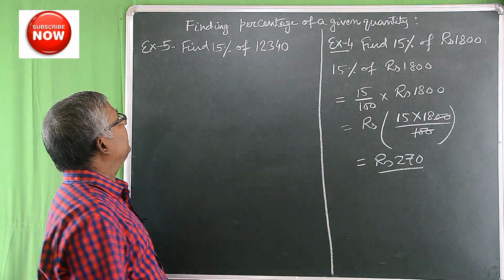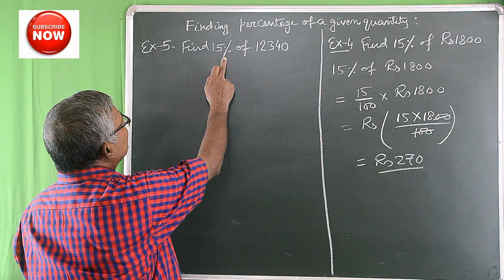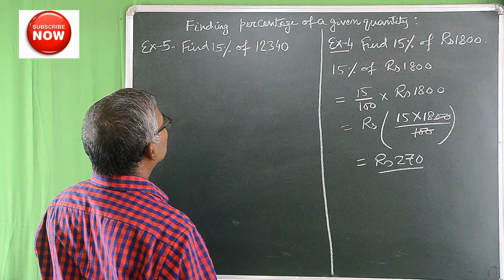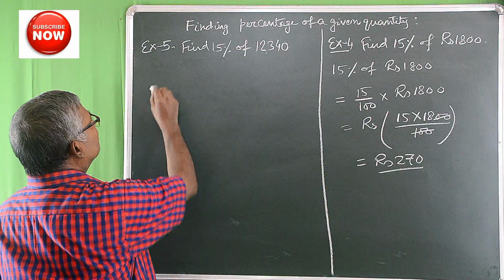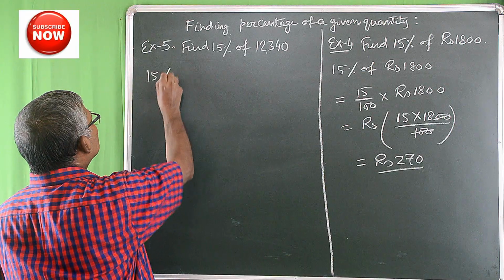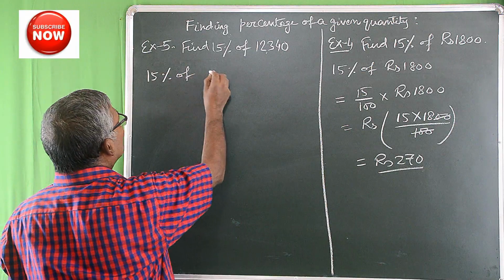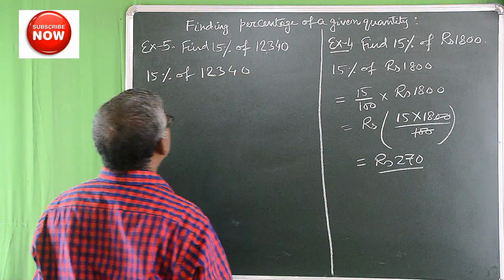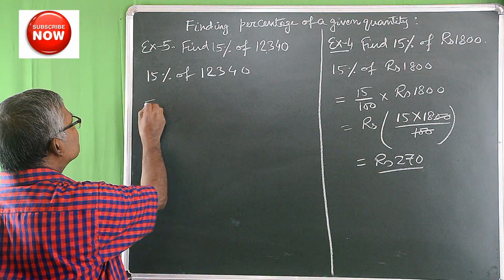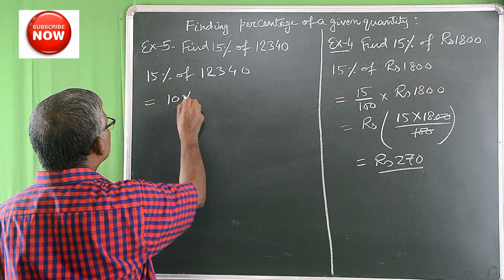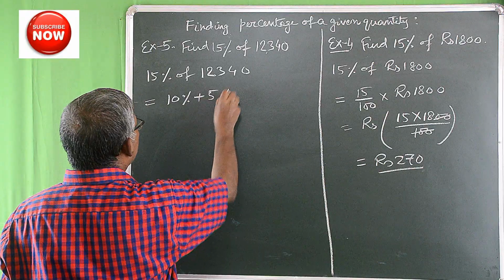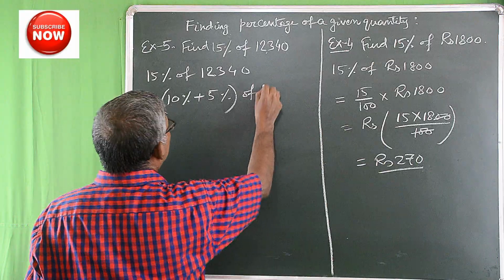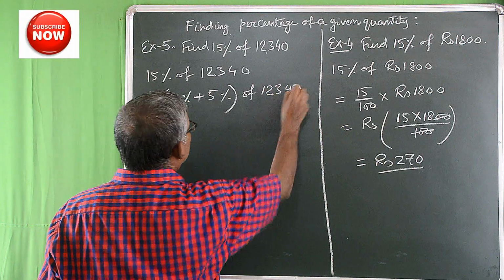Students, let us find 15% of 12,340 by an alternative method. 15% of 12340 can be written as 10% plus 5% of 12340.